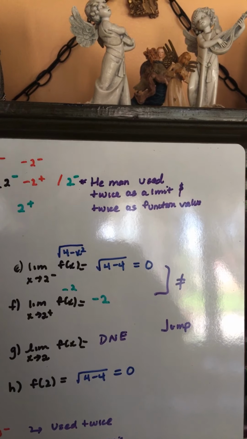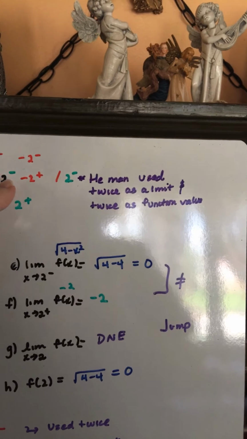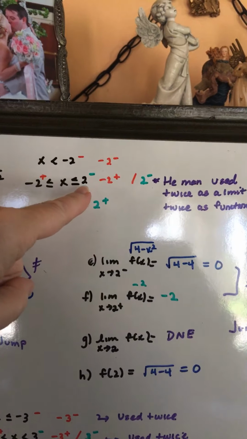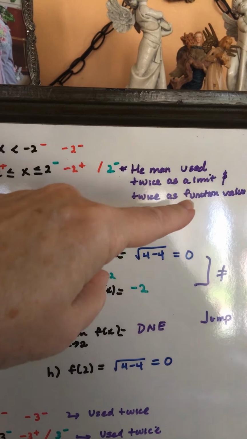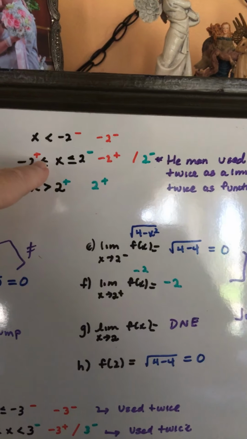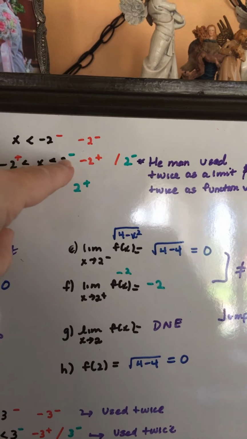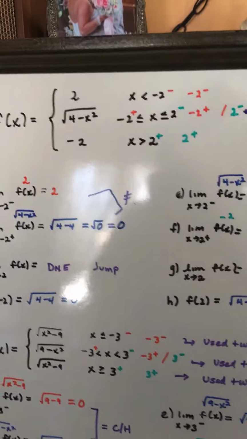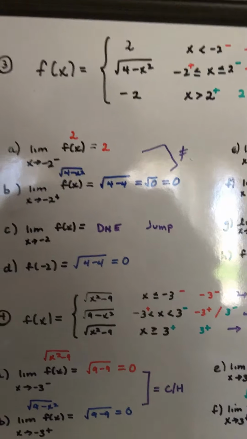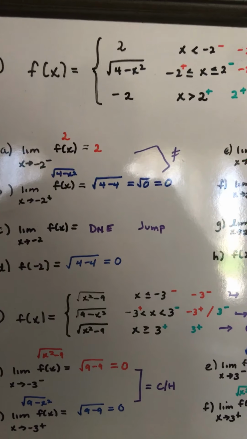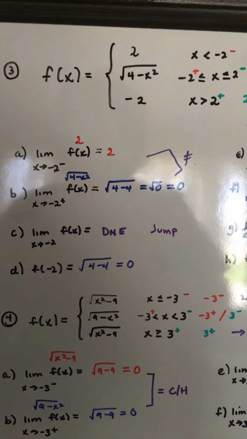Notice the limit of -2 from the right and the limit of 2 from the left. And it's going to be used twice to find the function value because here it states equal -2 and here it states equal 2.